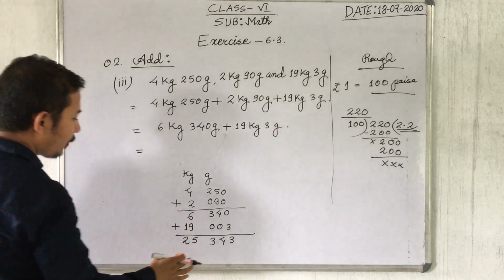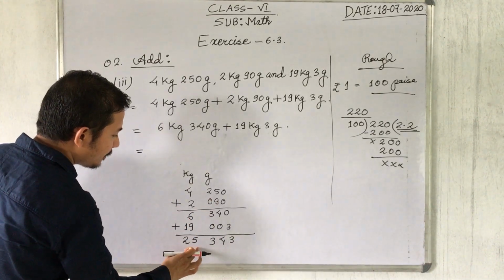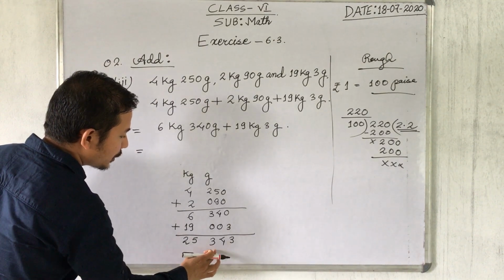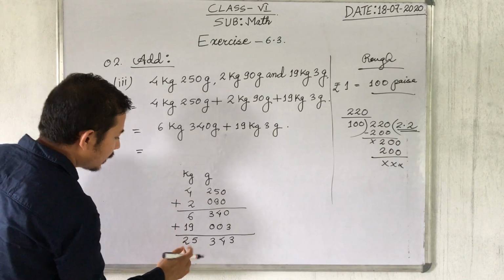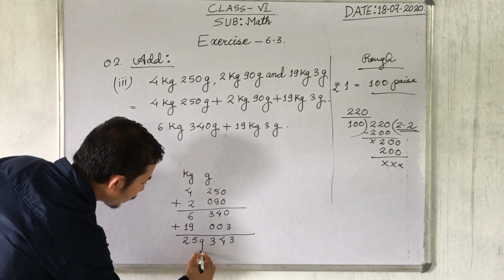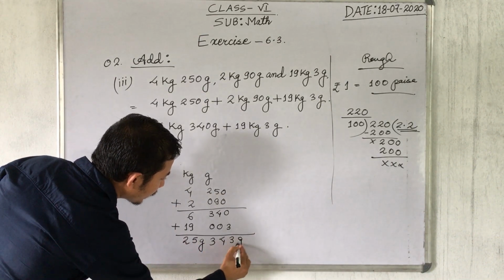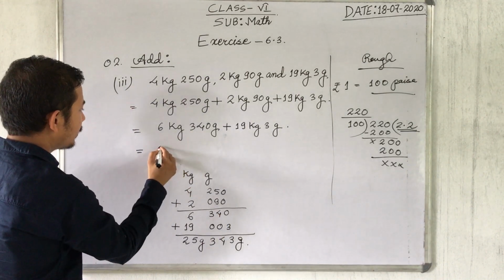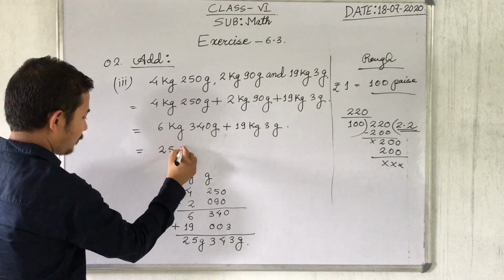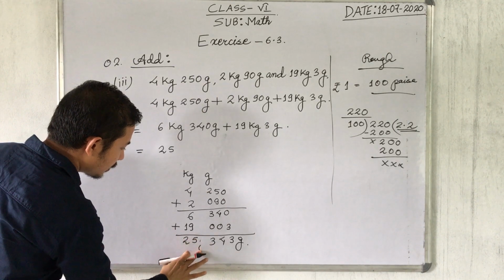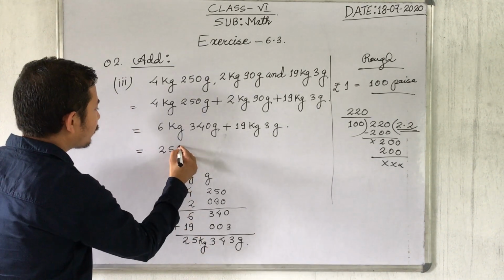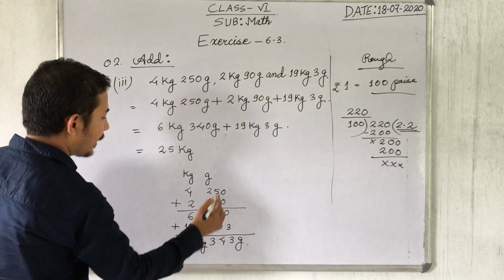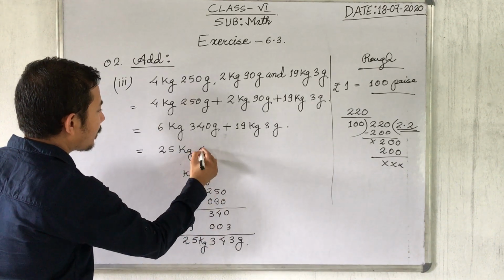So finally we have got 25 kg and 343 gram, because 343 is on the gram side and 25 is on the kg side. So write here 25 kg and 343 gram.